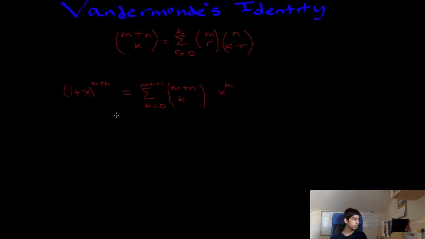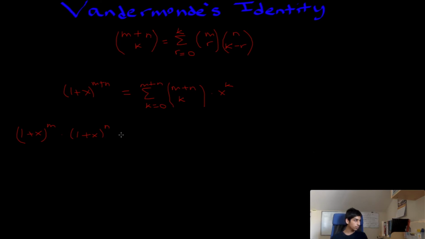Alright, this is one way of writing 1 plus x to the m plus n. But we can also write 1 plus x to the m plus n as 1 plus x to the m times 1 plus x to the n. And over here I just split this exponent into two different parts.